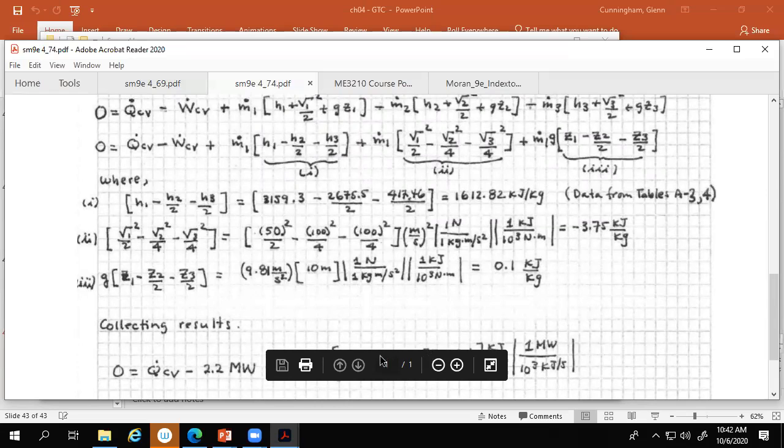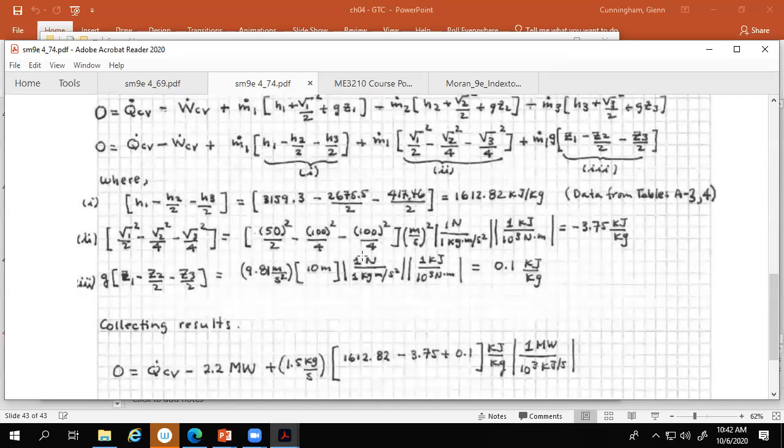So, looking up the enthalpies, H1 minus H2 over 2 minus H3 over 2, plugging in the numbers, this bracketed enthalpy term turns out to be 1612.82 kilojoules per kilogram. Again, verify that you can find the correct data.